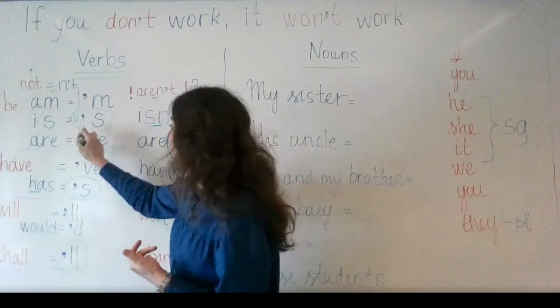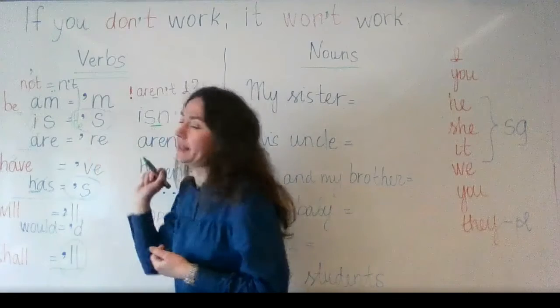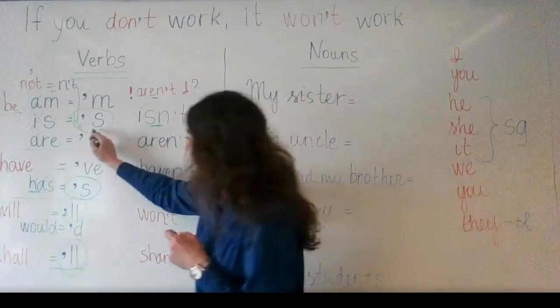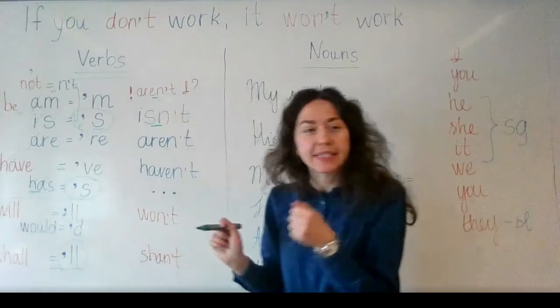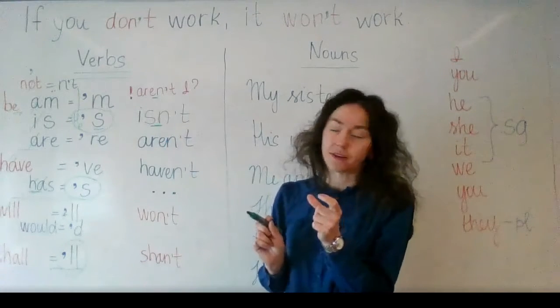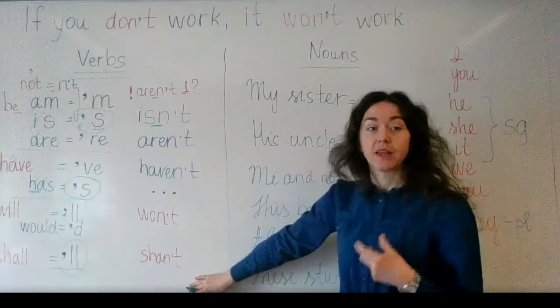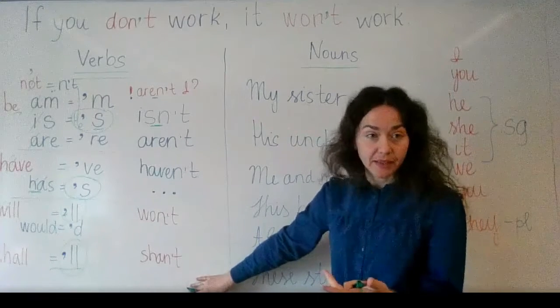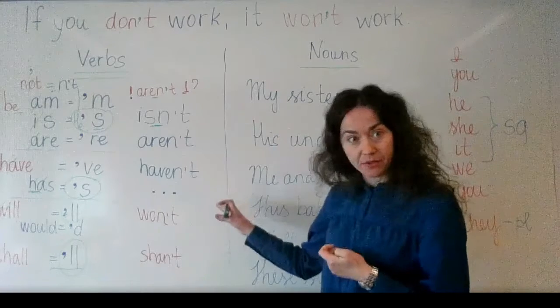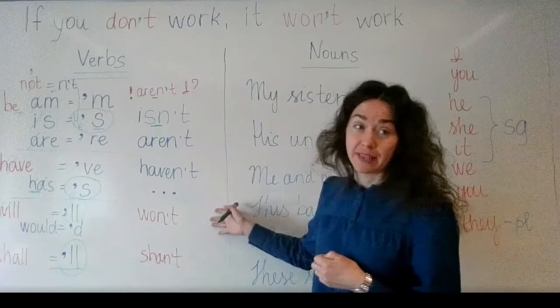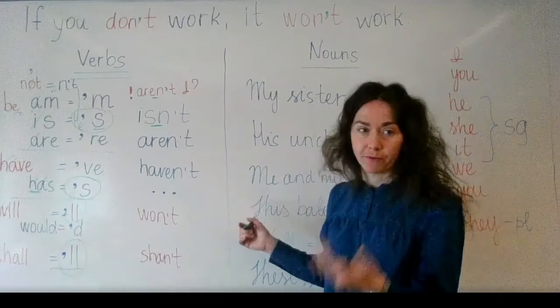In this case, we have this form be, which is hidden. So sometimes you have to pay attention, of course, to these words and really understand which word is hidden there. So very often we use these short forms when we speak, when we write, of course, as well, but not that often, or we do not use them at all when we write formal English.